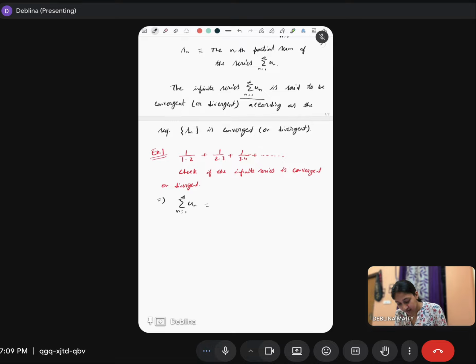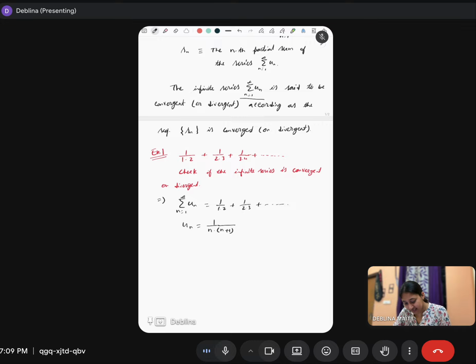Un represents the nth term of this series, so the first term is 1 by 1 into 2, the second is 1 by 2 into 3, so the nth term will be 1 by n into n plus 1, right?